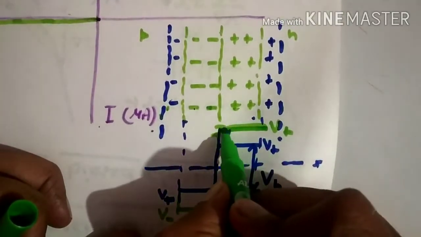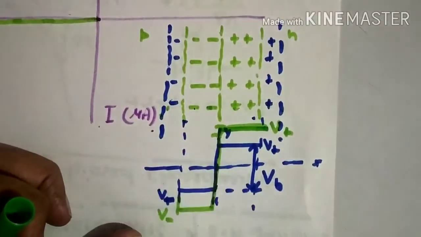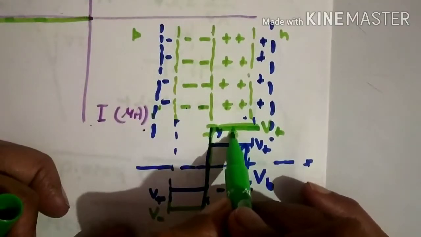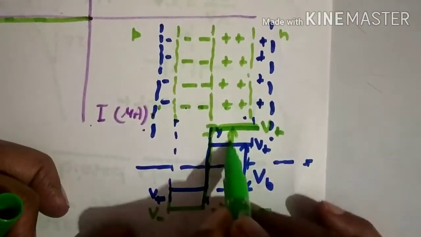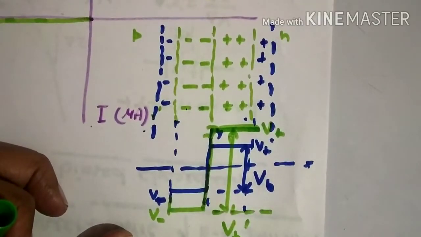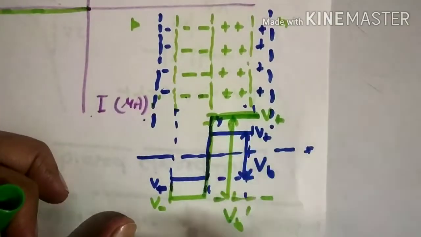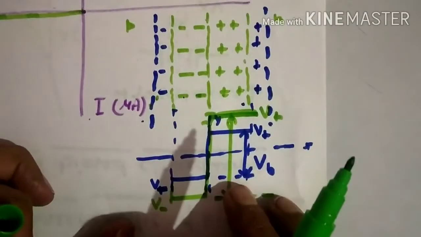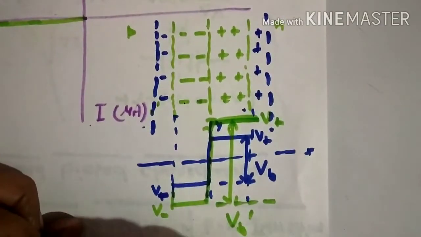Now this is the new graph after the reverse biasing. This is the potential difference from positive to negative. That is, the barrier potential has increased in the reverse biasing, and in forward biasing, the barrier potential decreases.